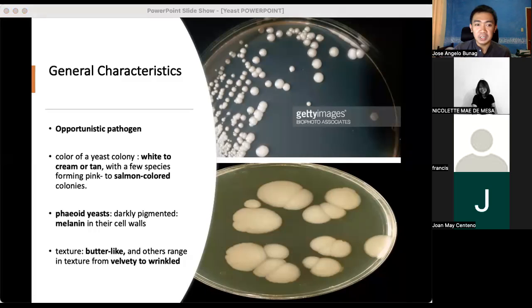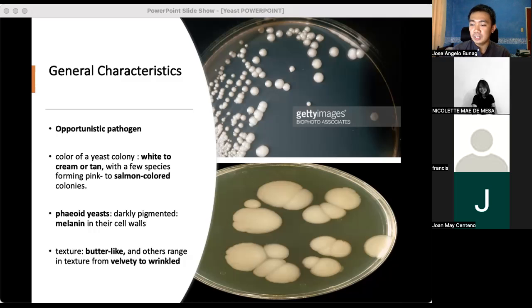So basically, for ating mga yeast, these are their characteristics. Actually, during our orientation, we have this specific topic for lecture, which are your opportunistic fungi. Under this are your yeast.